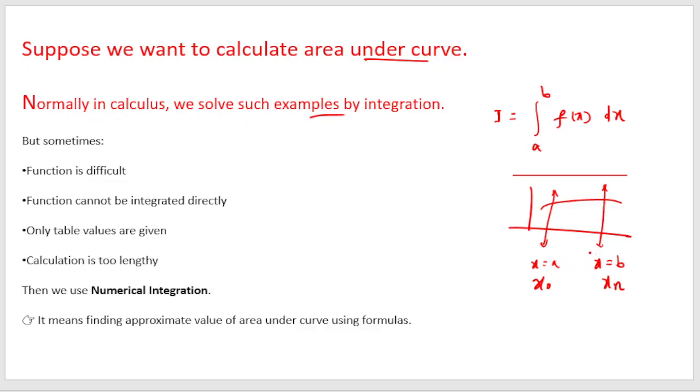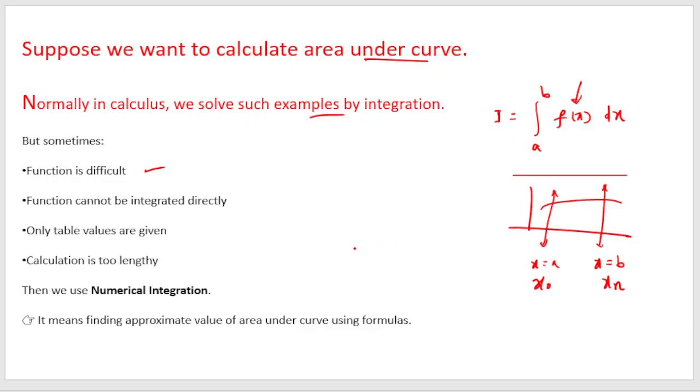But why do we have to go for numerical integration? I will tell you the reason. Sometimes the function is very difficult. The function cannot be integrated directly. This may be the reason. Or only table values are given, and they won't provide a function, or there does not exist a function.